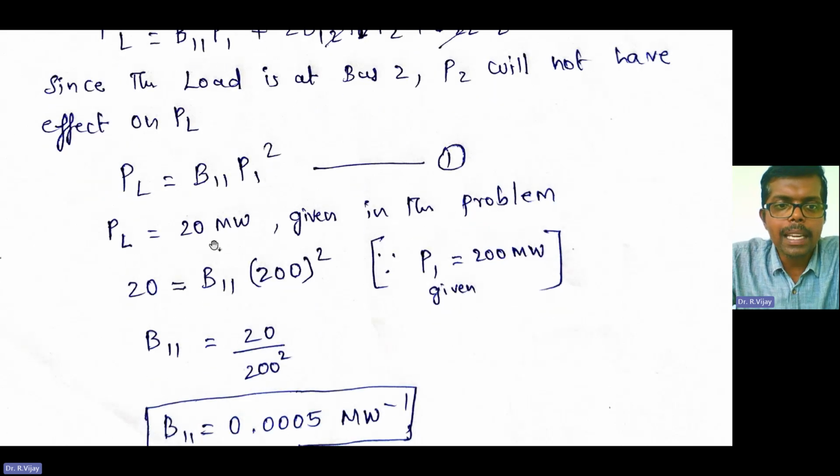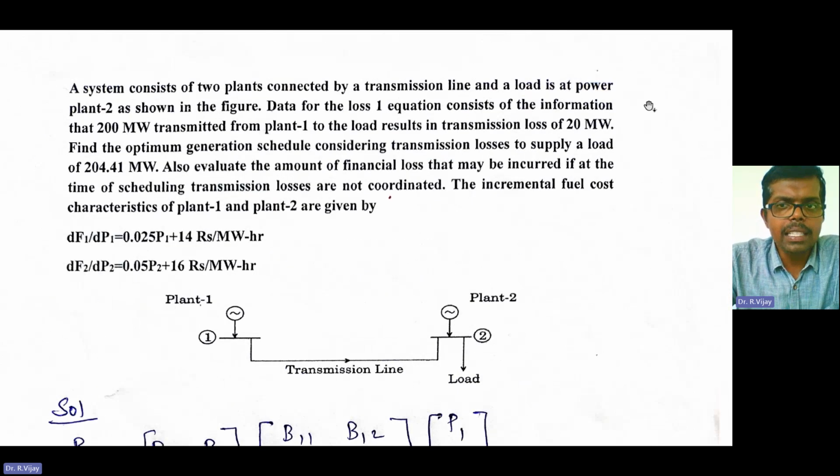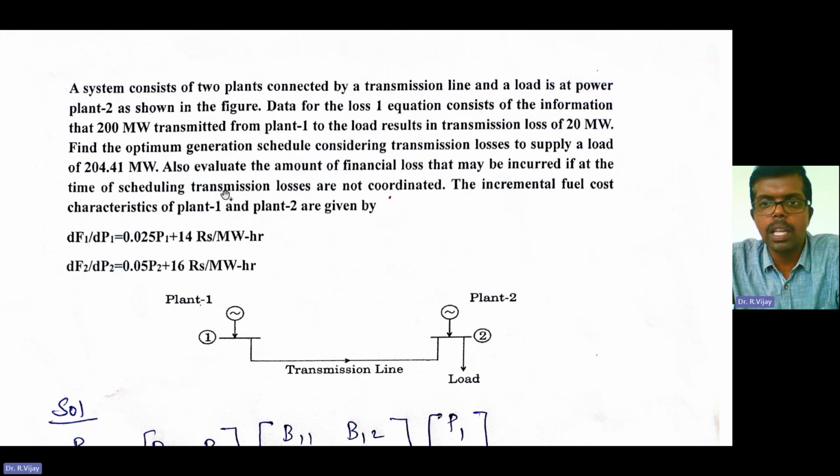Next, PL is equal to 20 megawatt. That is, the power loss equal to 20 megawatt is given in the problem itself. You need to substitute PL is equal to 20 megawatt here. So 20 is equal to B11 into P1 squared. P1 is also given in the problem, that is 200 megawatt. Here it is given that the data for the loss equation consists of the information that 200 megawatt is transmitted from plant 1 to the load, resulting in a transmission loss of 20 megawatt.